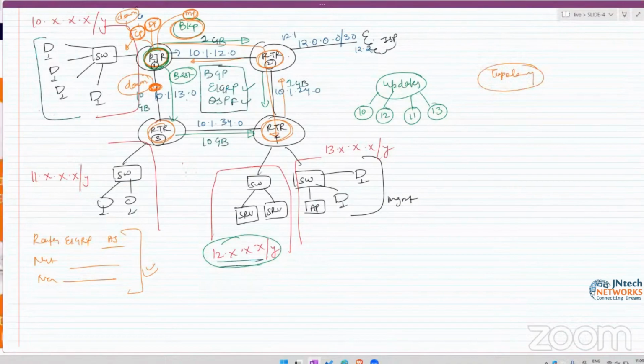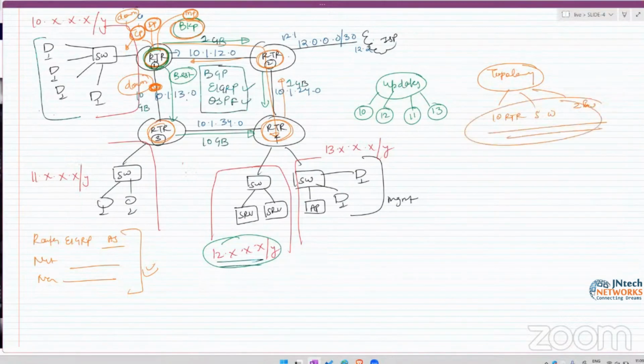So in traditional routing, if you have 10 routers, 5 switches, and 2 firewalls, and one route goes down, everything exchanges again. If you want to connect multiple sites, you need to configure some path information on 10 routers, on 5 switches, and on 2 firewalls.